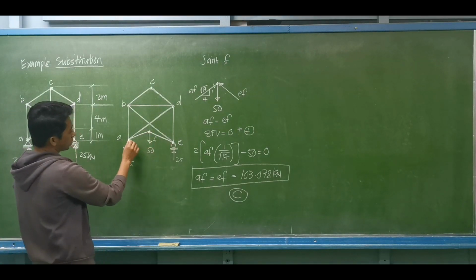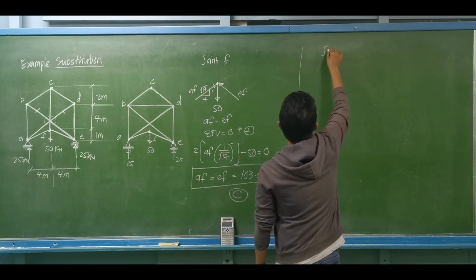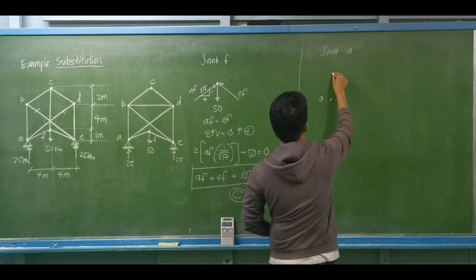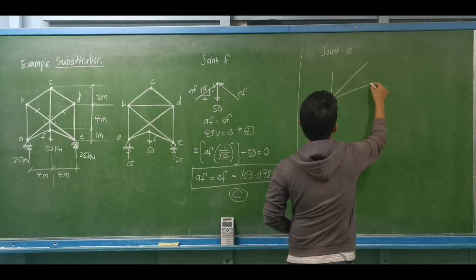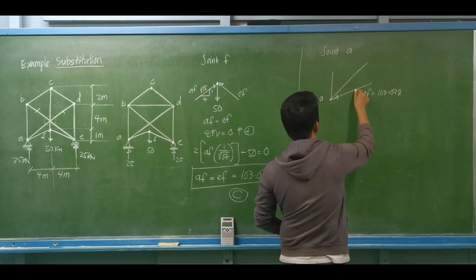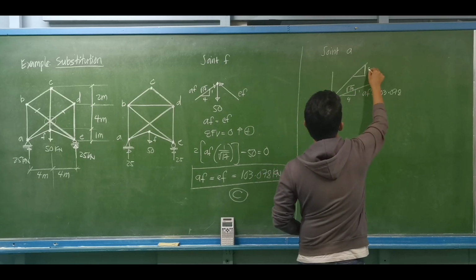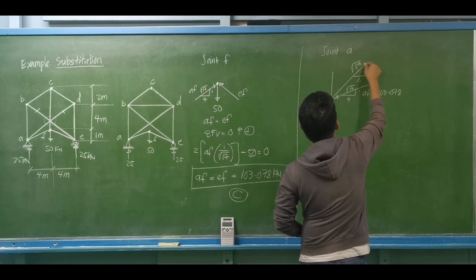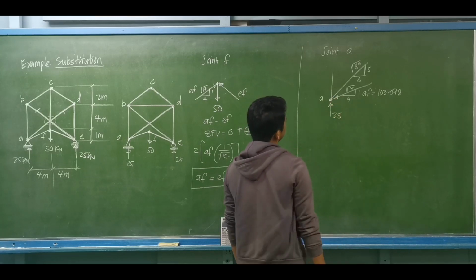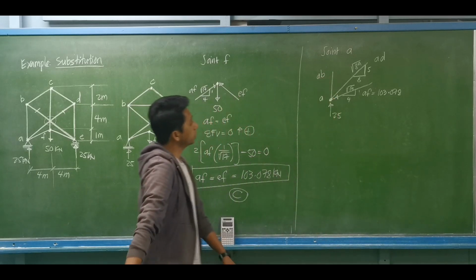Next, we can proceed to joint A. At joint A, how many members are involved?